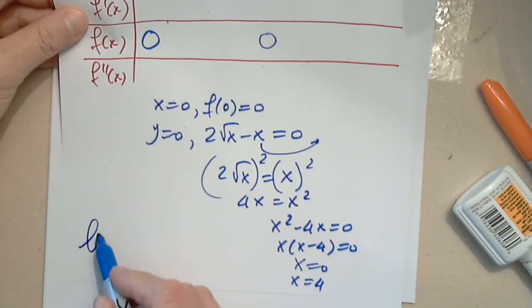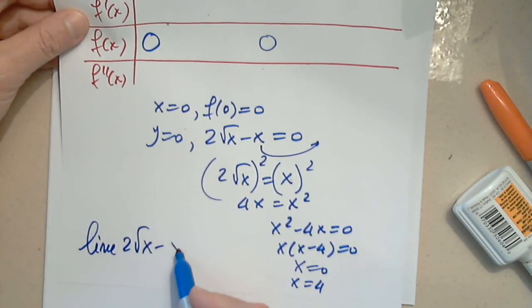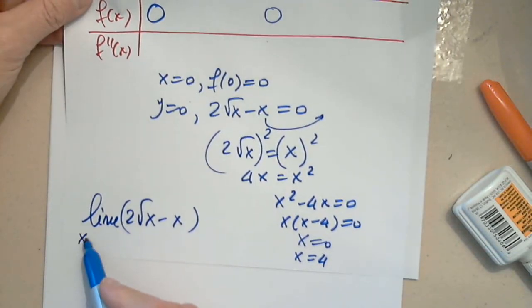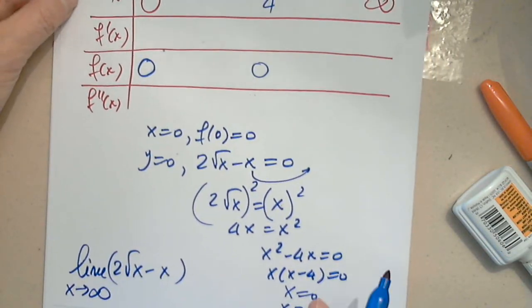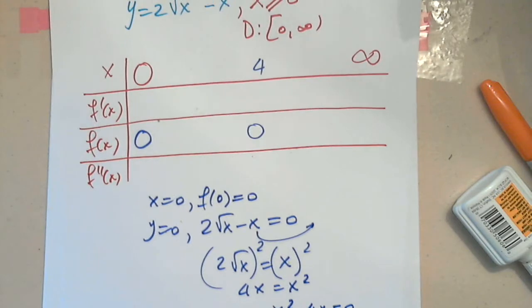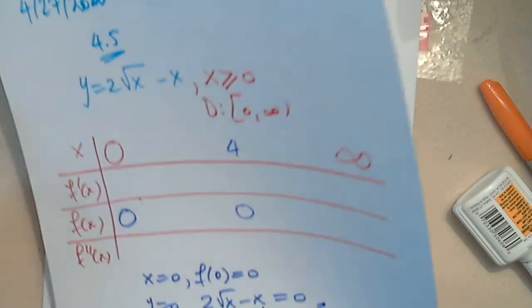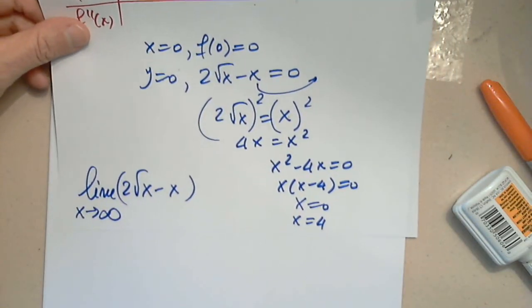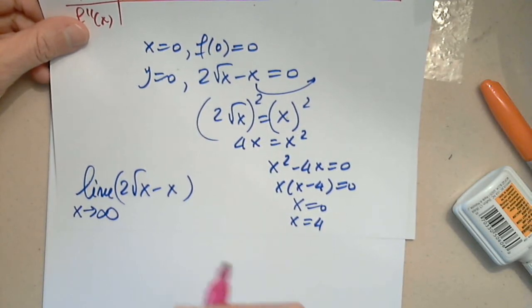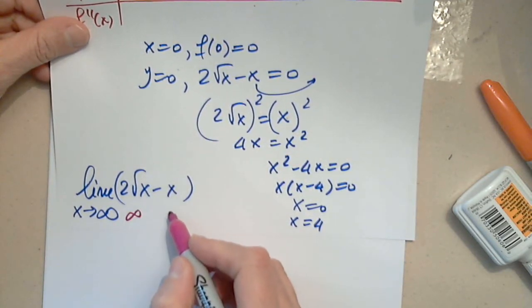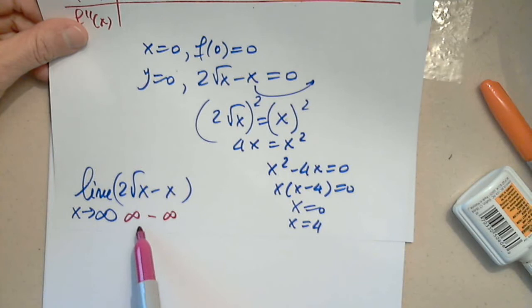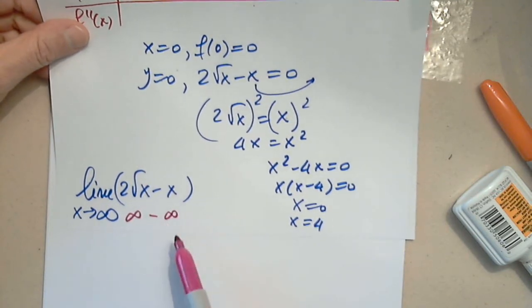So I need to determine the limit of 2 the square root of x minus x when x approaches infinity. And you can say, but this is a situation of infinity minus infinity, and what do I do? Because this approaches infinity, this approaches infinity, and it's infinity minus infinity. It's an indeterminate case.